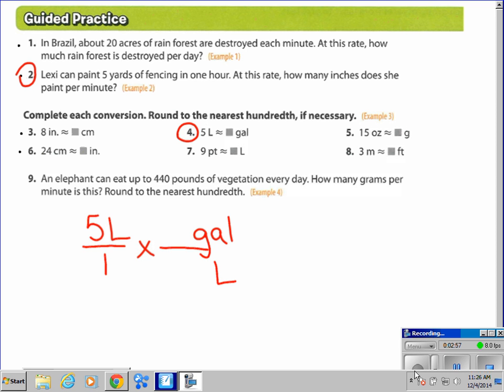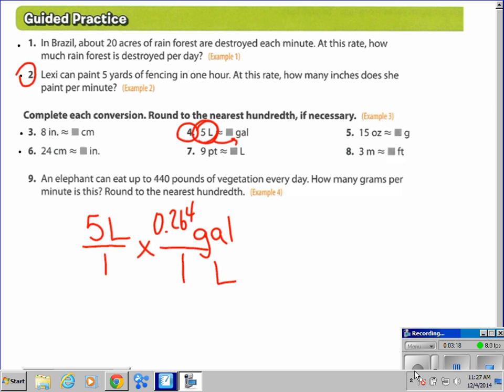Okay? Now, we're going from the metric to customary. So if you look in your book, it says going from metric to customary, 1 liter. So 1 liter is 0.264 gallons.